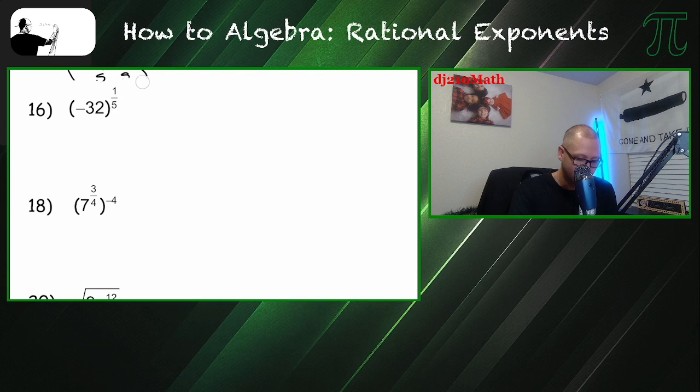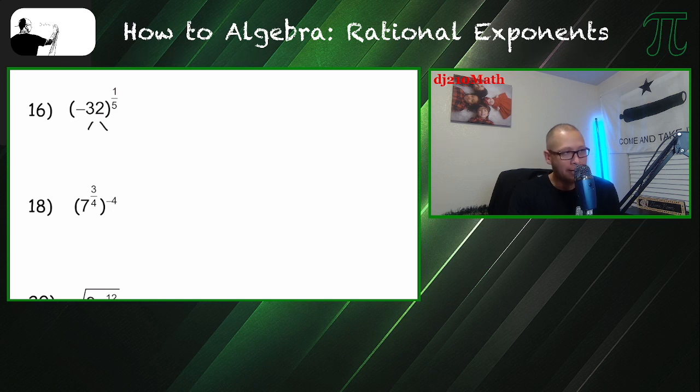However, when we have an odd number root, you can have a negative inside of the radical, it turns out. So here, negative 32.